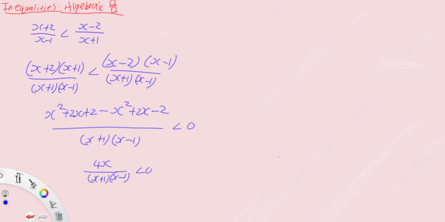Again, do your number line. So we have 0, minus 1, and 1. Now, less than minus 1, what happens? Numerator would be negative. Denominator would all be negative, therefore this would be negative. Then positive, then negative, then positive. Because we're looking at the whole function being less than 0, our answer is simply x less than minus 1 or x between 0 and 1.